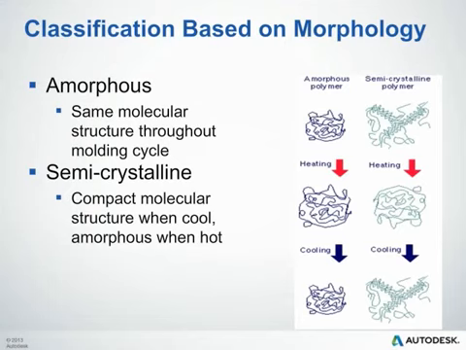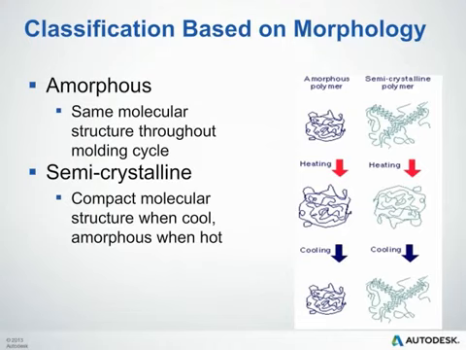We have the same molecular structure throughout the molding cycle. As you heat the polymer and cool the polymer, you're still left with essentially a plate of spaghetti in front of you. Amorphous polymers are typically transparent, which is a very important characteristic for many applications such as food wrap, plastic windows, headlights, and even contact lenses.